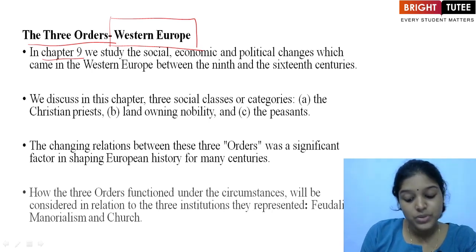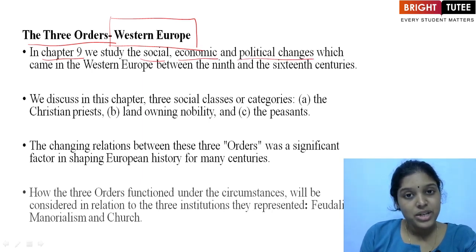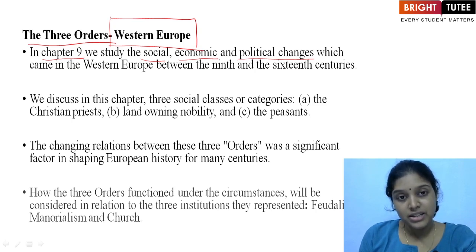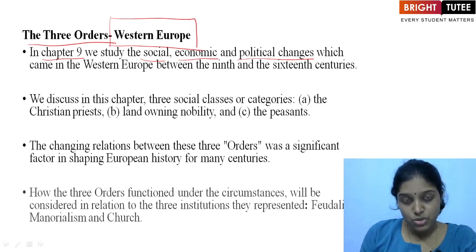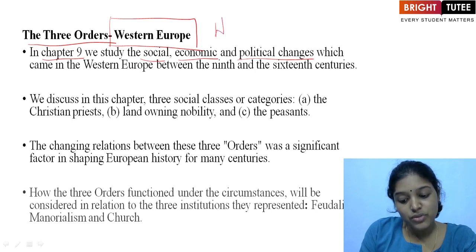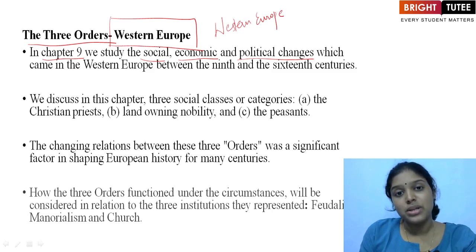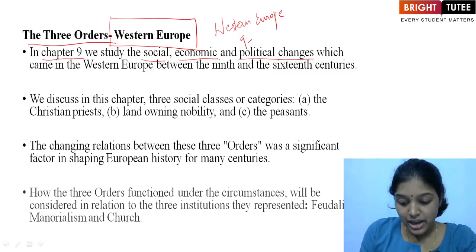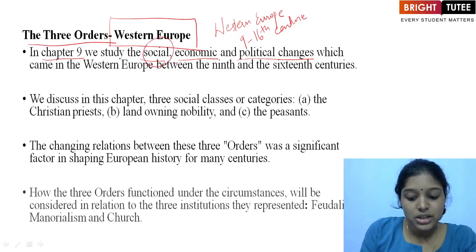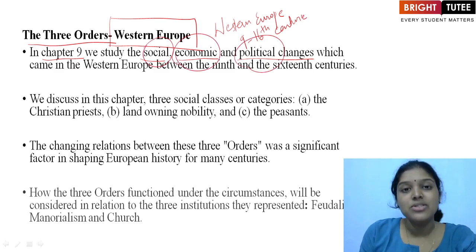And here we study the social, economic and political changes which came in Western Europe between the 9th and 16th centuries. So what is important is that the geographical region is Western Europe, and the time period in this chapter which we mainly deal with is 9th to 16th centuries, and the focus is on social, economic and political changes.